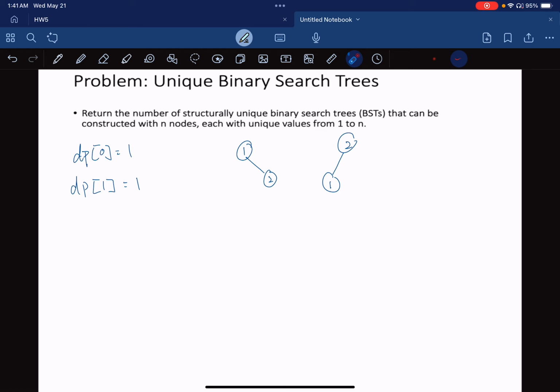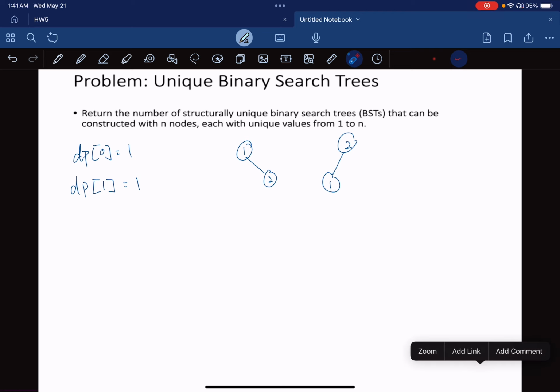So if we divide it by those cases, we would create disjoint cases. Each case of having a different root node is disjoint. We also know that every single BST has to include a root node, and the root node has to be one of the nodes from one of the cases.